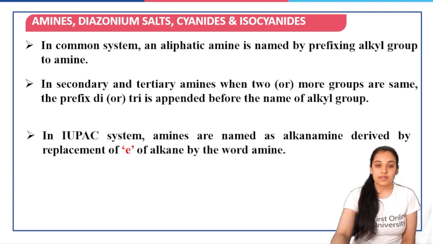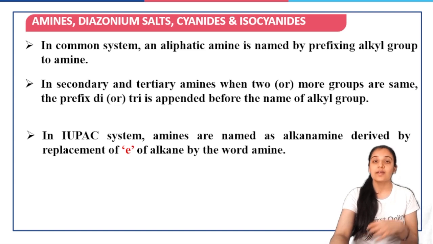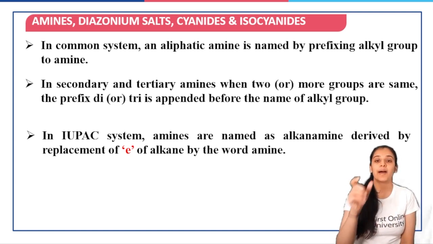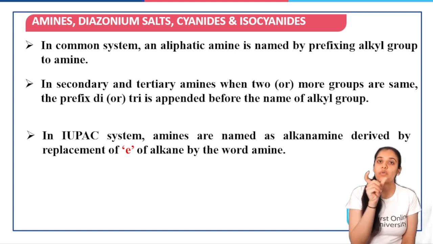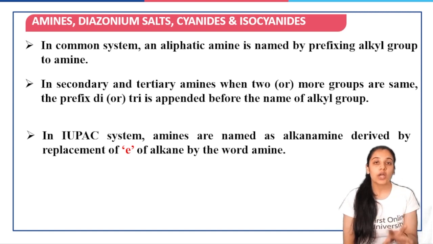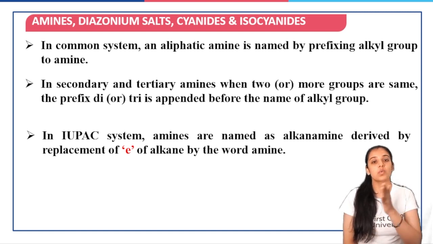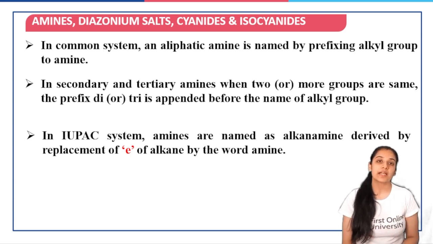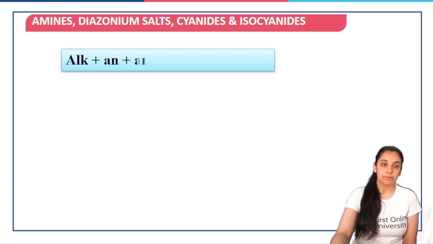And in the IUPAC system, amines are named as alkanamine, like methanamine, ethanamine, which is derived by replacing the E of alkane with amine. Right now it might not be very clear to you, but as we move on and discuss the examples, you will understand the rules of nomenclature in a much better sense.